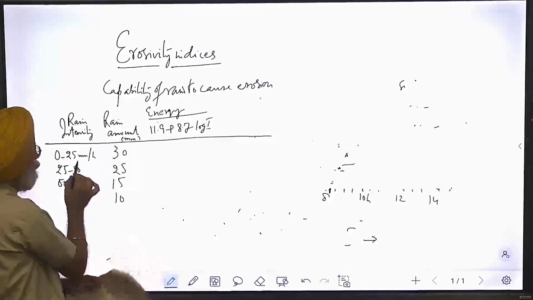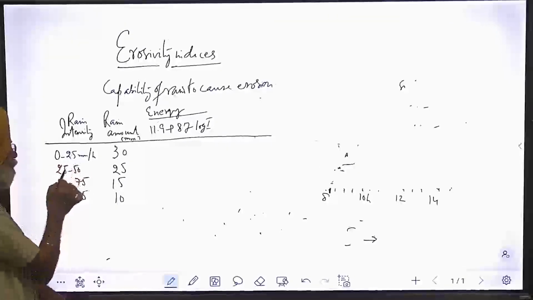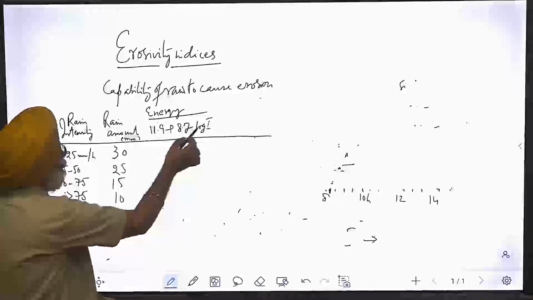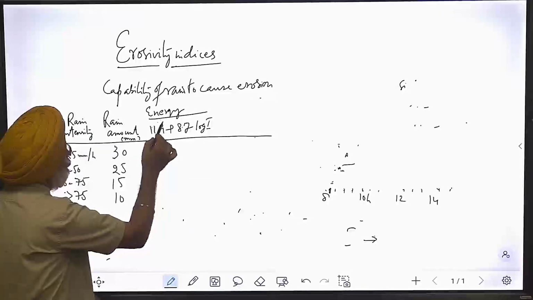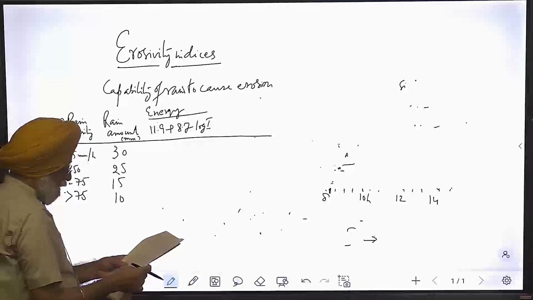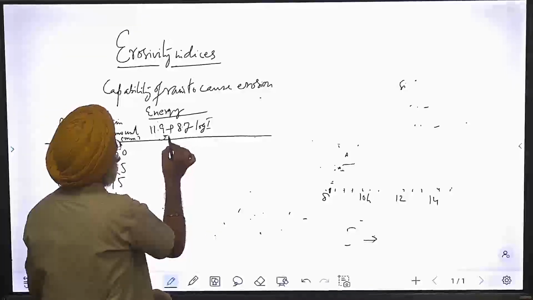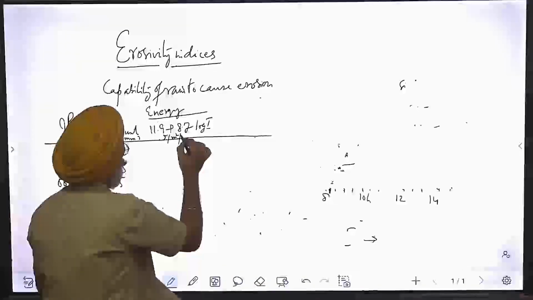We will take the mid value of the intensity: for 0 to 25 that means 12.5, for 25 to 50, 37.5, like that. Then take its log and multiply by this. Its units are joules per square meter per millimeter of rainfall.